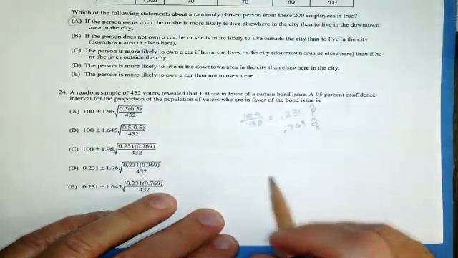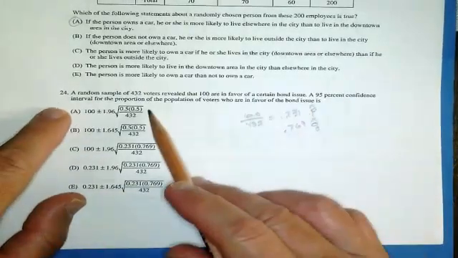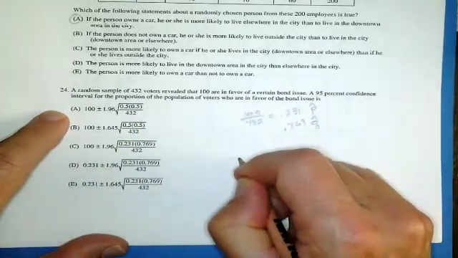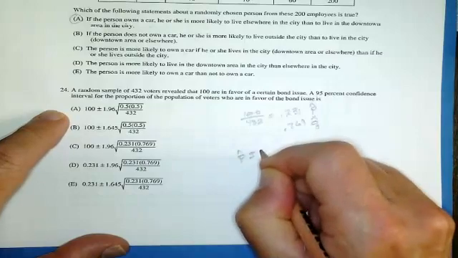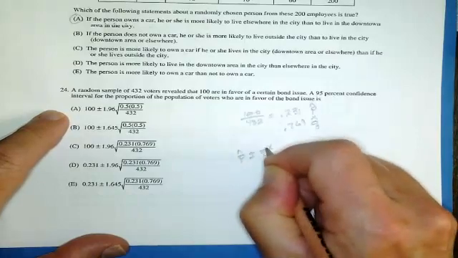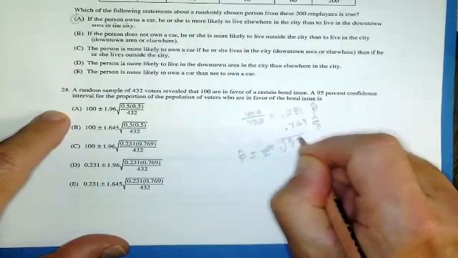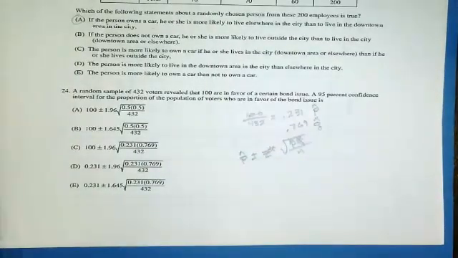Those are important to us. We're doing a confidence interval for the bond issue, so what we're expecting is going to look like this: p hat plus or minus z star times the square root of p hat q hat over n. This is how we find it.